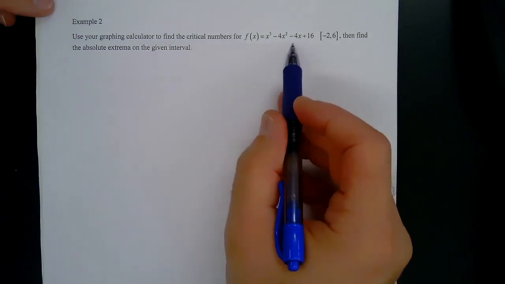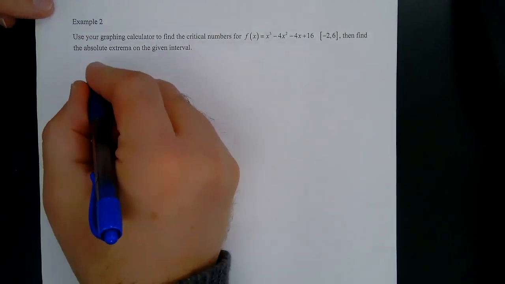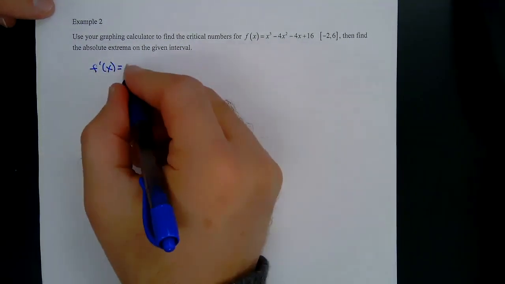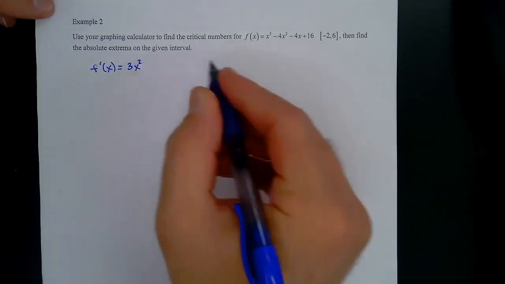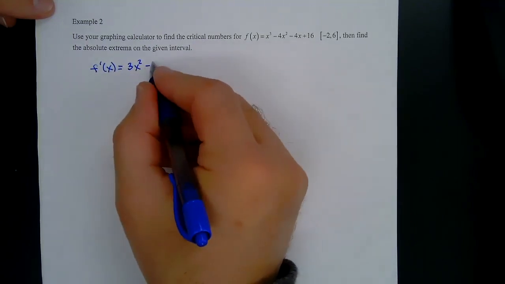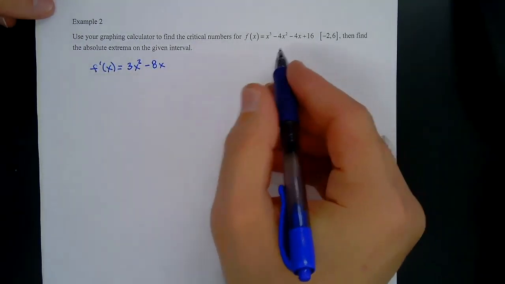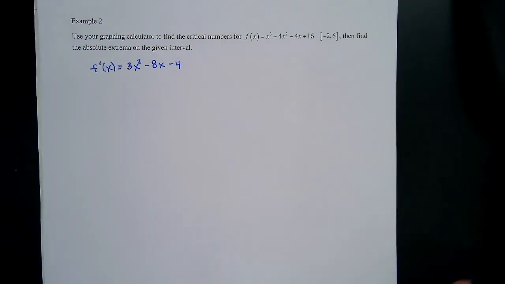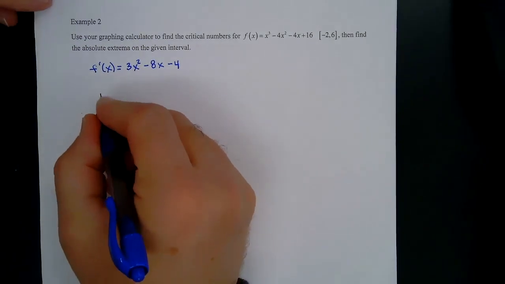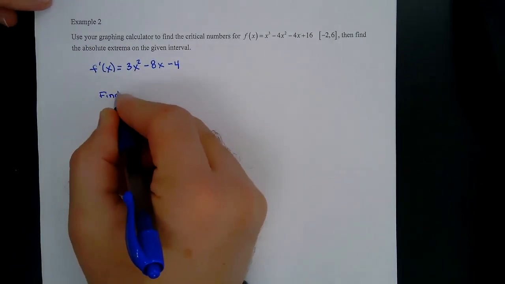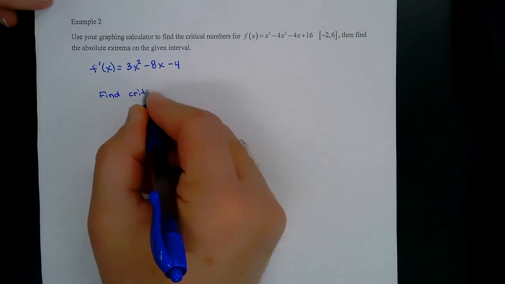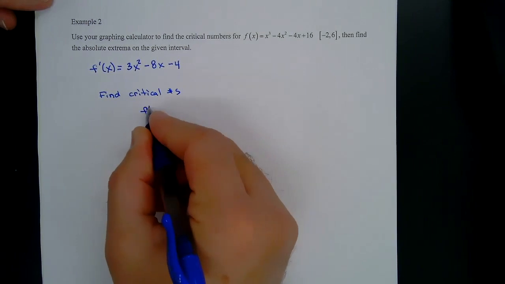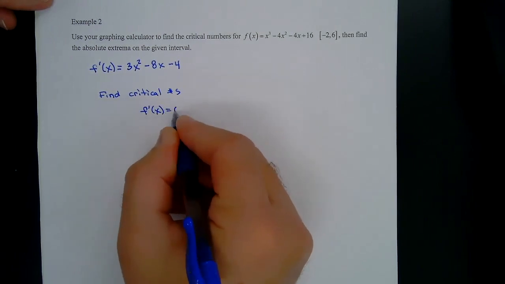So the very first thing is we need to find the derivative of this, okay? So f prime of x is equal to 3x squared minus 8x minus 4, okay? So then we need to find the critical values, okay? So to find the critical numbers or critical values, we need to set f prime of x equal to 0, okay?